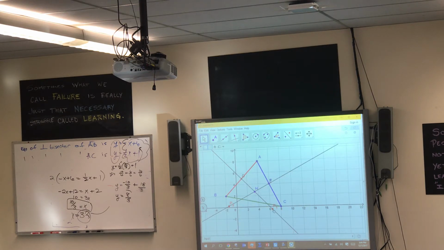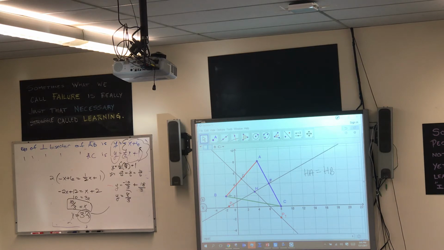Wherever P1 is, you can tell me that P1 to A and P1 to B were the same, right? But instead of calling it P1, let's call it H. So you can tell me that H to A was equal to H to B, because it's on the perpendicular bisector of AB. It's got to be the same distance from A as it is from B.